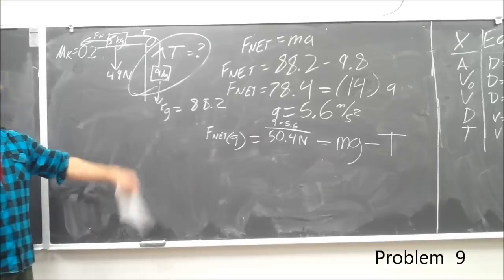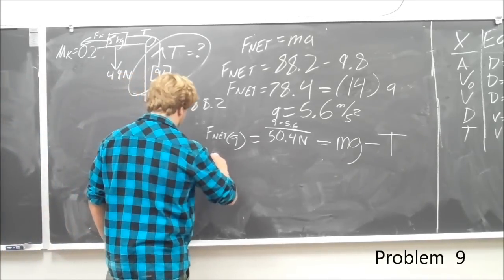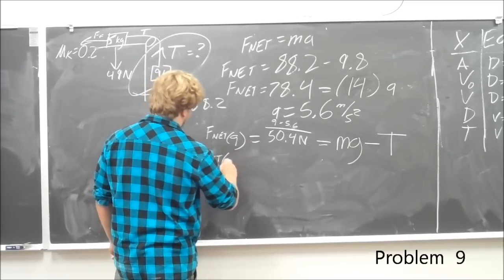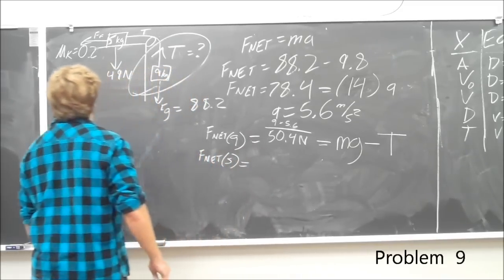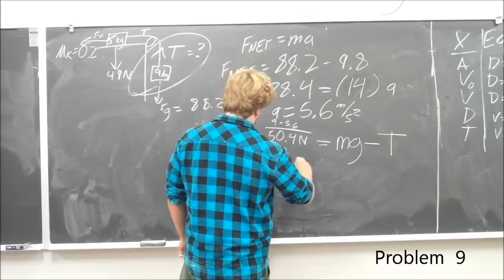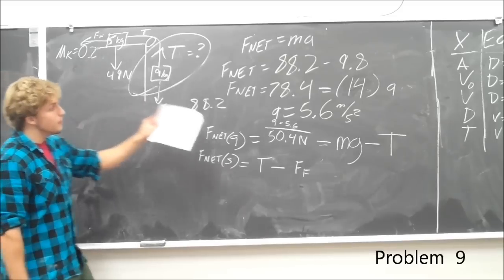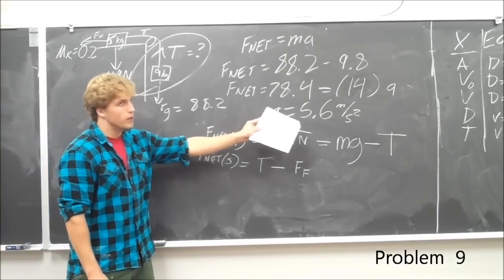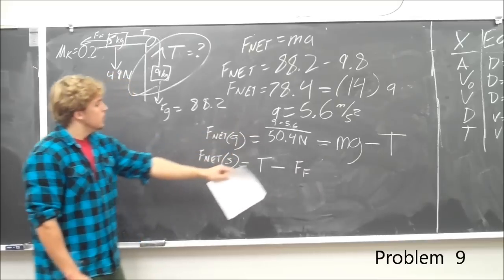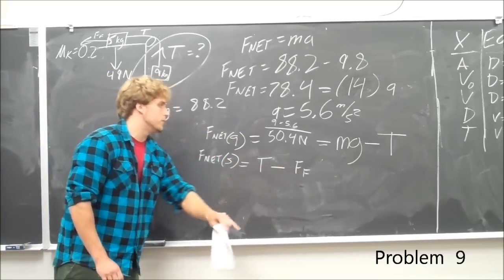I could do the same for F net of the 5 kilogram guy, and that will be equal to tension minus force of friction. So multiply 5 by 5.6, 28. 28 is equal to tension minus force of friction.